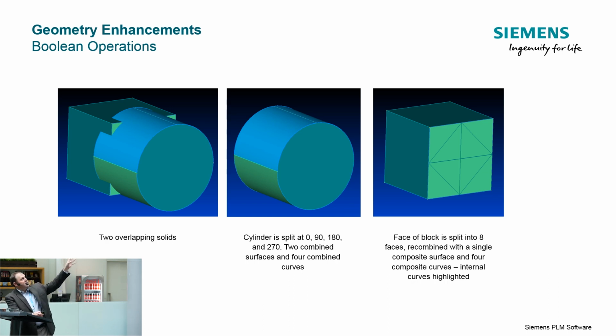Previously, had you added these two bodies together in Femap, the boundary surfaces and combined curves would have been changed.